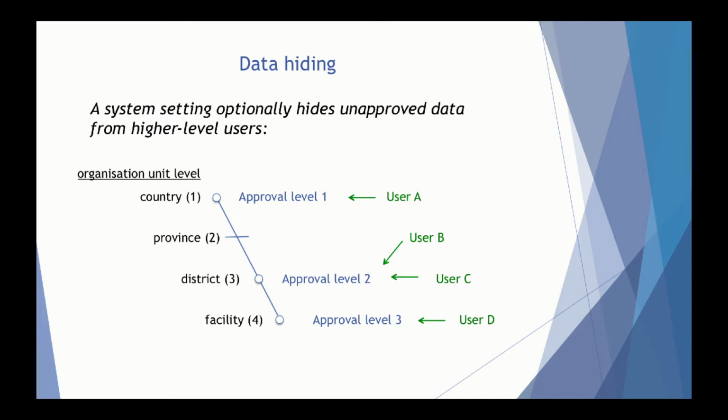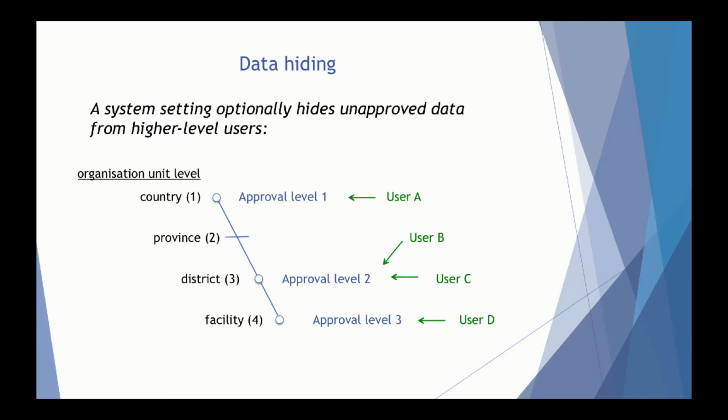So while it's hidden from normal people at the higher levels, we also have another special authority in DHIS2 that allows people to see the lower level data, even if they have no authority to approve the lower level data. So that's in there. So we have all different options of how to handle this in DHIS2.